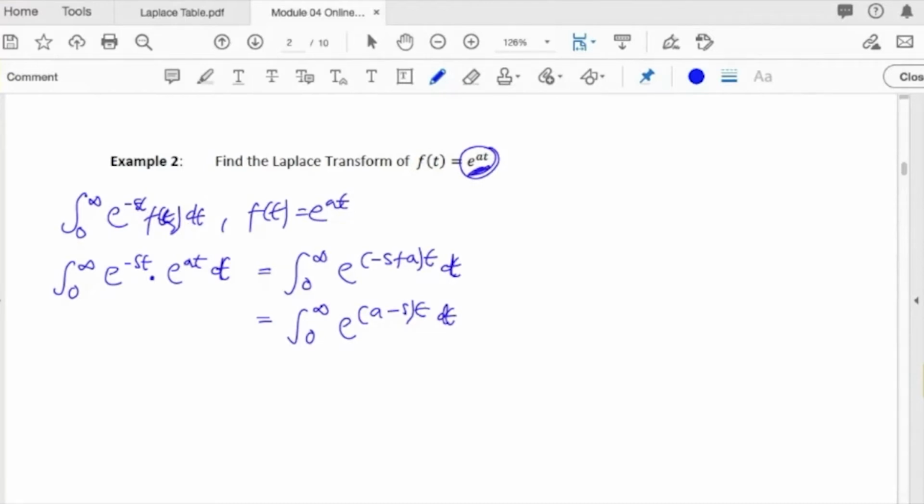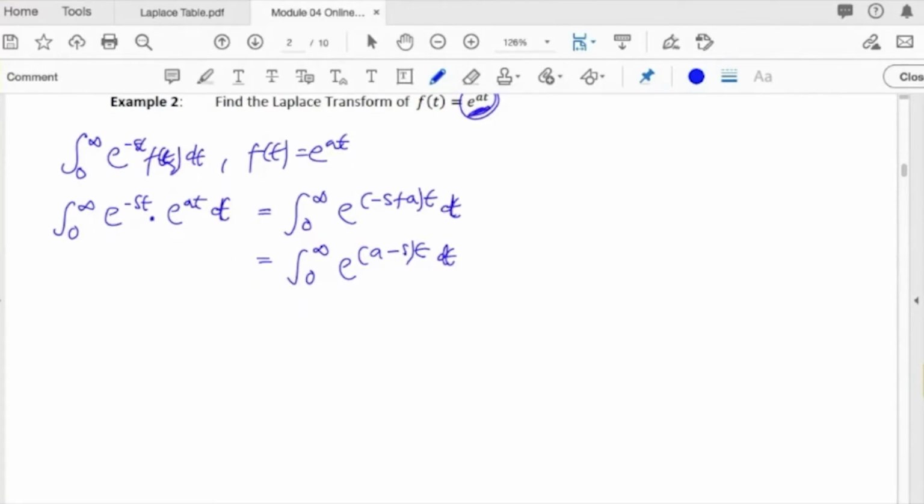Then we integrate the whole thing. If you integrate it, you will get itself back, e to the (a minus s)t, and then you will get 1 over (a minus s).